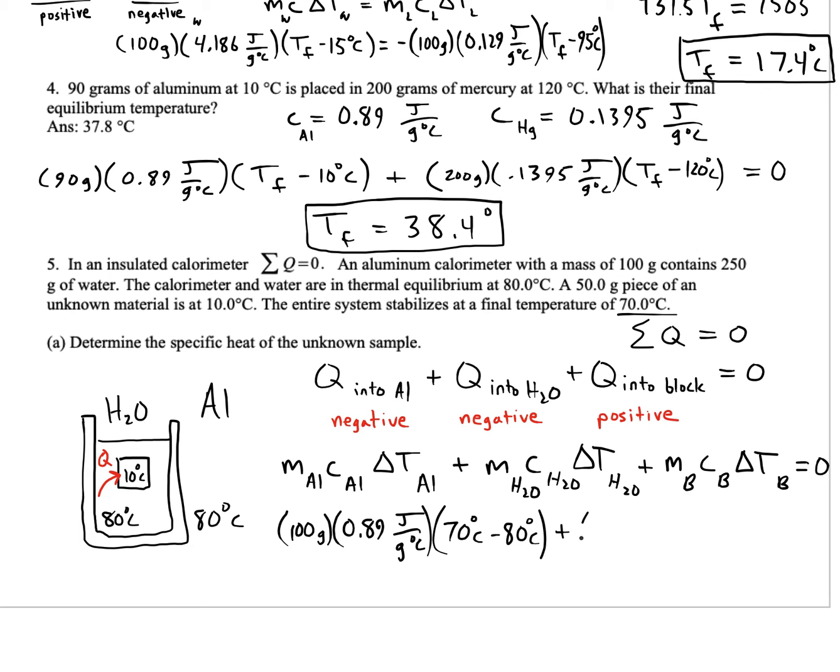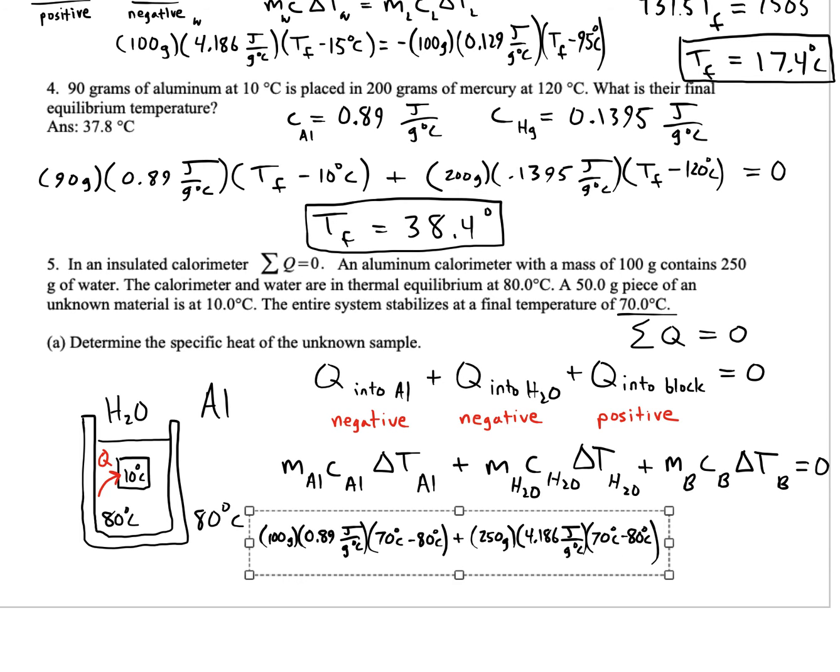When it comes to the water, it was 250 grams of water. Specific heat of water is 4.186 joules per gram degree Celsius. Final temperature is again 70 minus 80. Then for our block, we say it's a 50-gram block that's here, and it was initially at a cold temperature of 10 degrees.